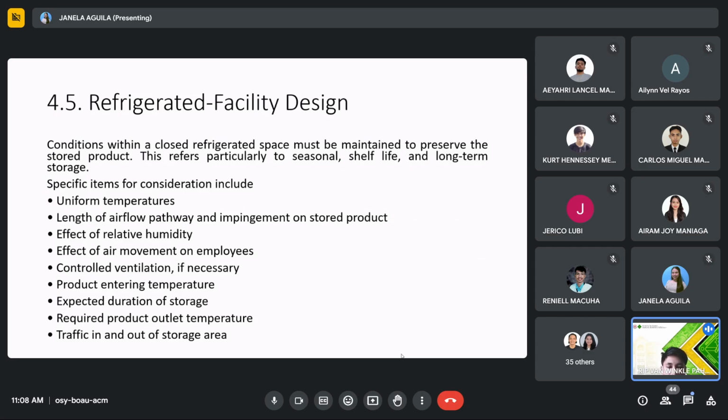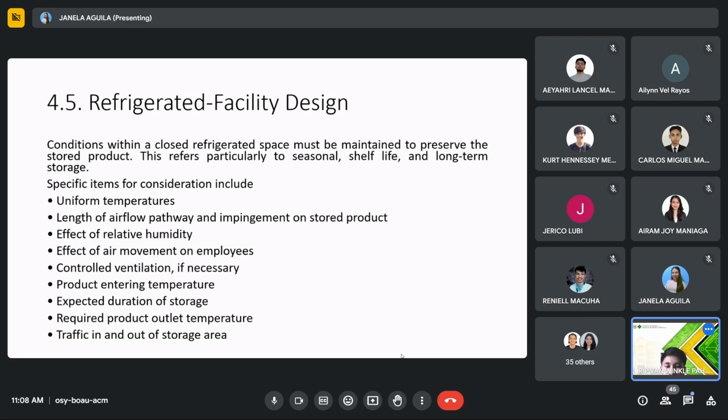Effect of relative humidity: controlling the relative humidity to prevent condensation, which could lead to mold growth and spoilage. Effect of air movement on employees: ensuring that air movement does not pose a hazard to employees, such as causing draft or creating unsafe working conditions.